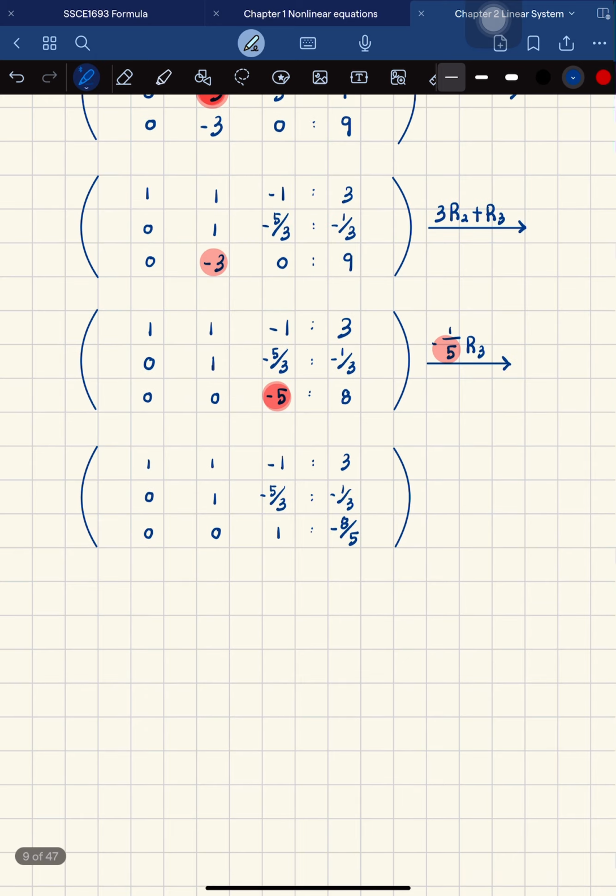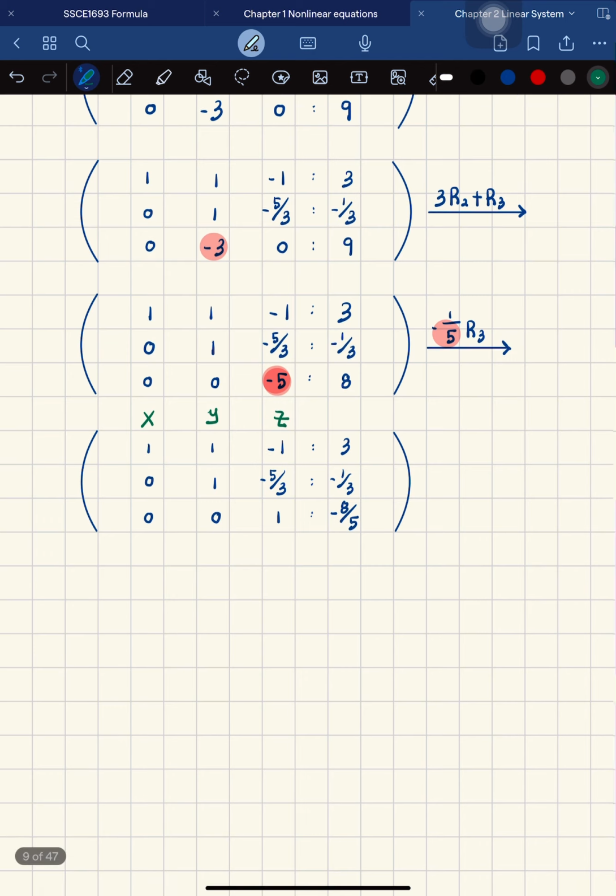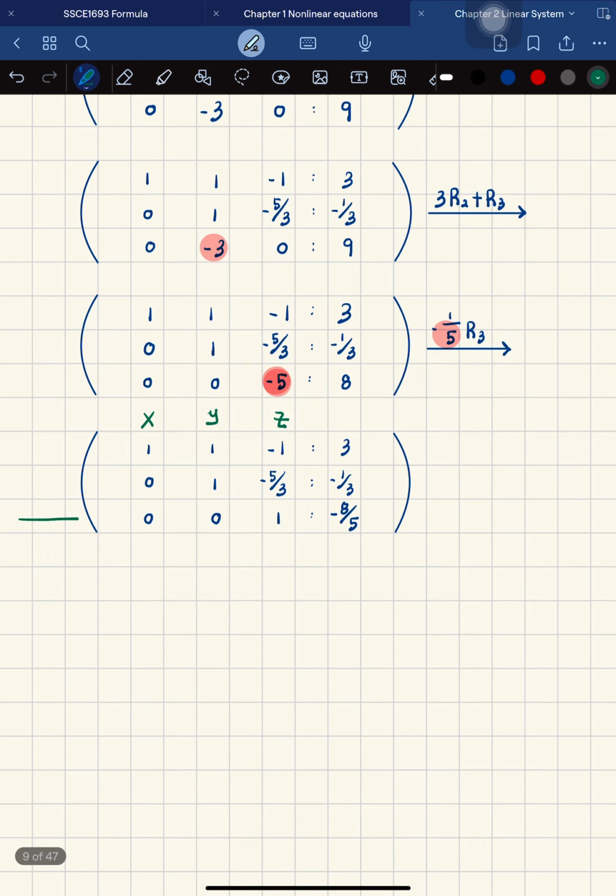So now what you need to do is apply back substitution. This column is for X, this column is for Y, and this column is for Z. Now we focus on the third row. We only have the value of Z. So Z equals negative 8 over 5. Now focus on the second row.